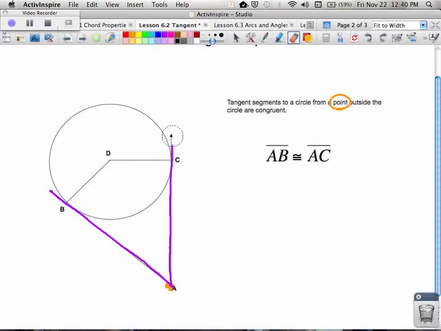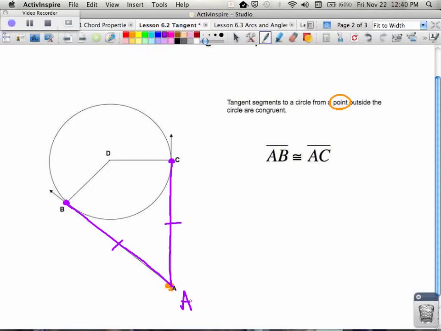So if I erase off the ray part of it, what they're talking about here is that I know that these two segments that I'm talking about in purple, which end at point B and point C, are congruent to each other when I come from the point A outside of that circle. So hence AB and AC segments are congruent.